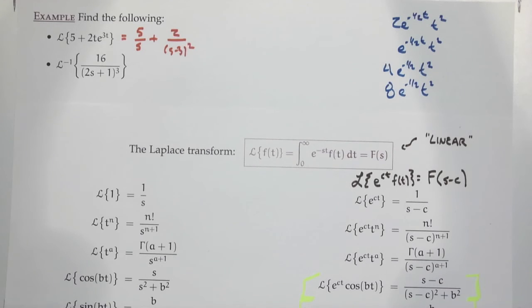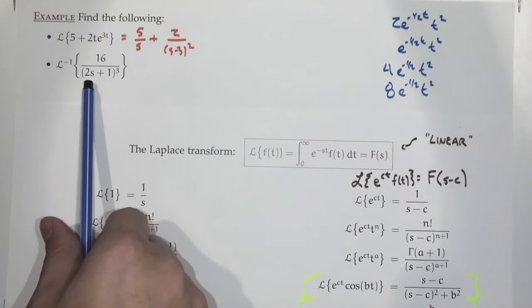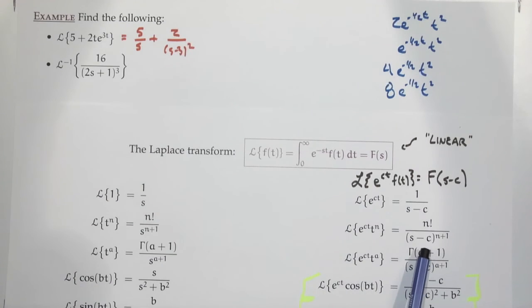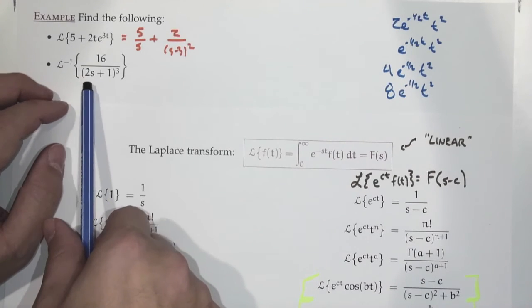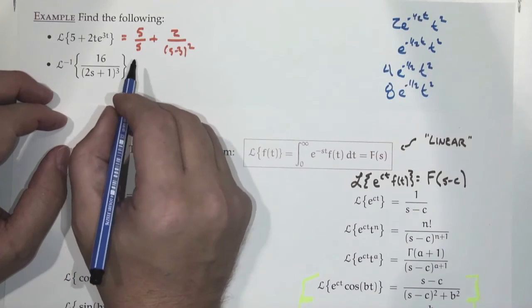Let's think about it. First off, trying to fit the mold, which one comes closest? It looks like this one comes closest because there's some power of s downstairs. What are some things that we need to fix? Yeah, the 2 is a problem. So how do you fix the 2?